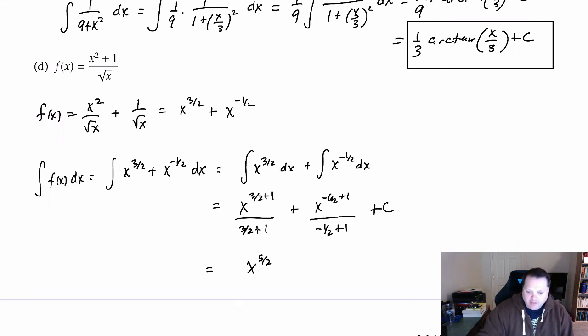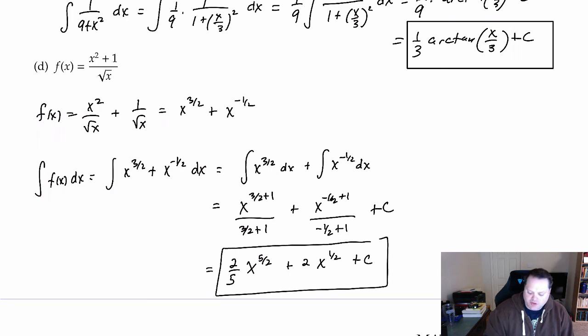Then you're dividing by 5/2, which if you flip it means you're multiplying by 2/5. Here you have x to the 1 minus 1/2, which is positive 1/2. But if you're dividing by positive 1/2 and you flip that, it's 2 over 1 or just 2. So this would be the answer that I would expect to see on this problem.